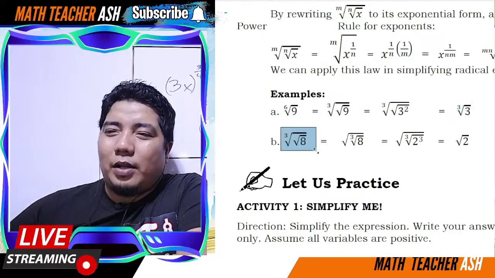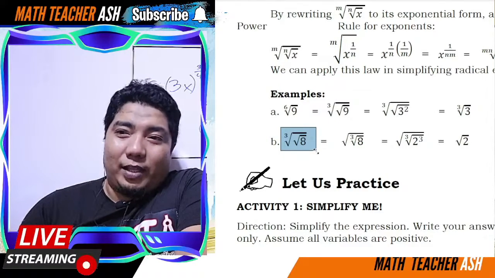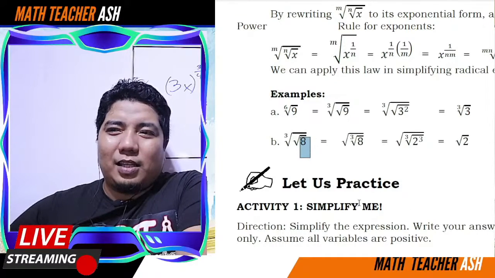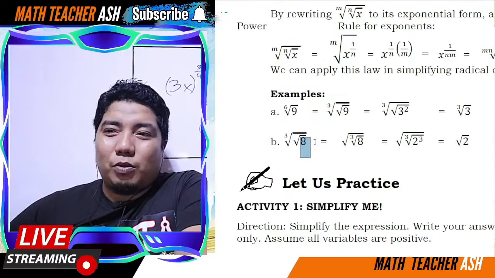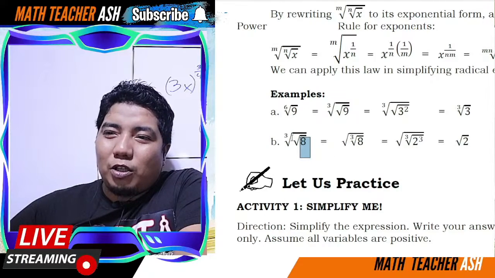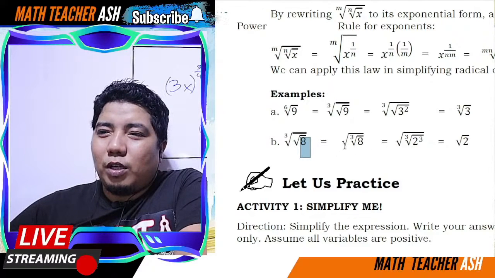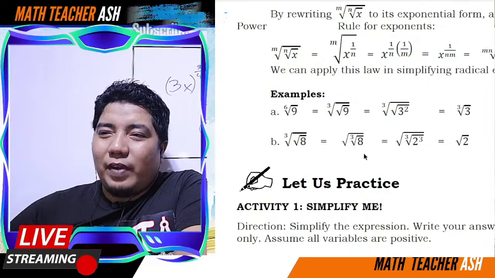Okay, how about this one? So, we have here the cube root of the square root of 8. Now, check 8. What can you say about 8? Is it a perfect square or a perfect cube? Okay, it is a perfect cube. So, therefore, pwede mong i-interchange si cube root dito at si square root dito. So, therefore, this will be written as the square root of cube root of 8.